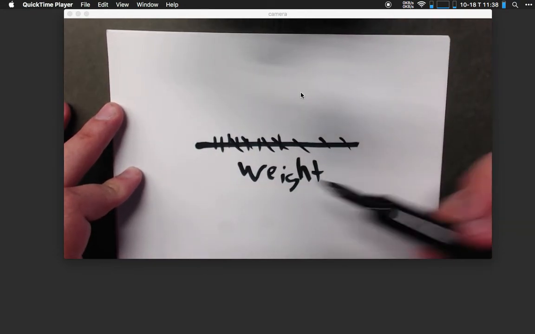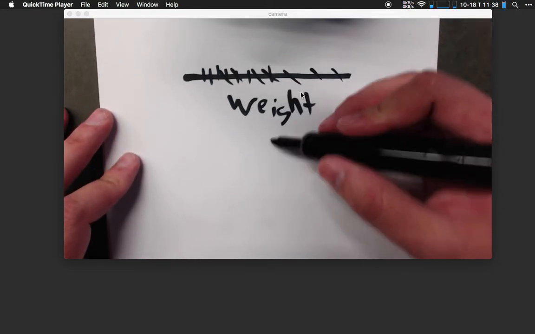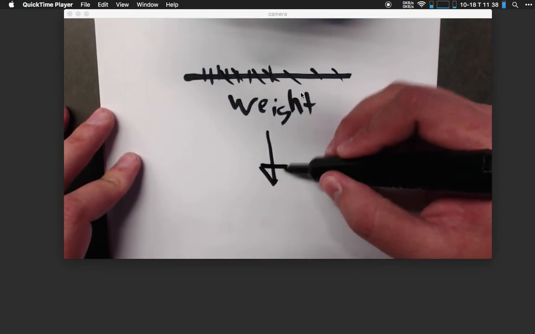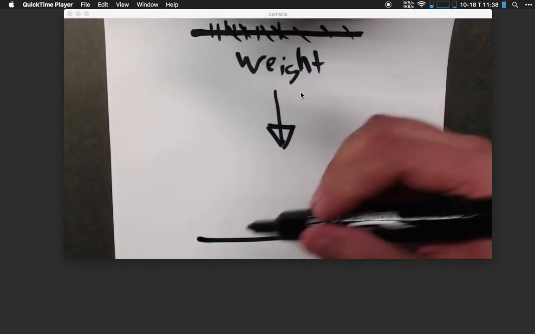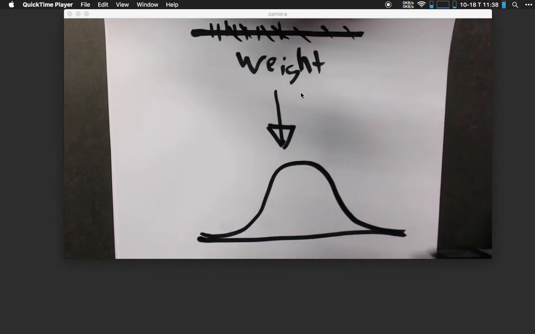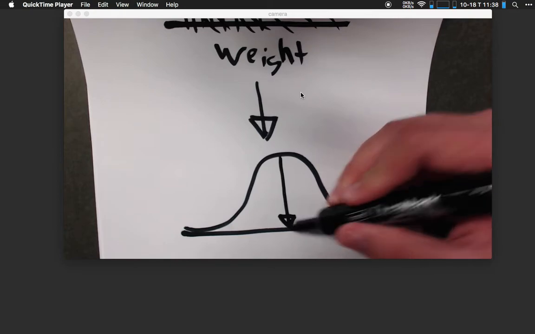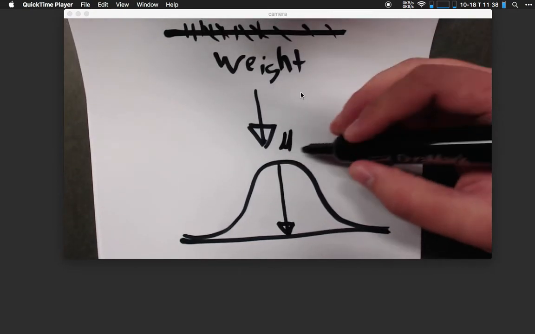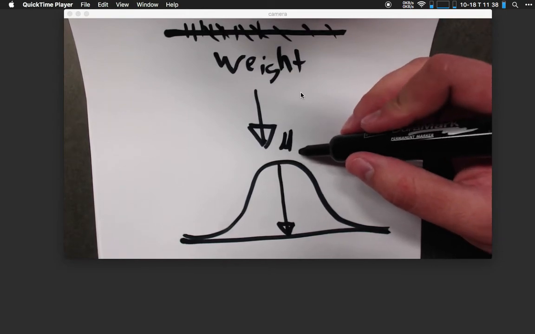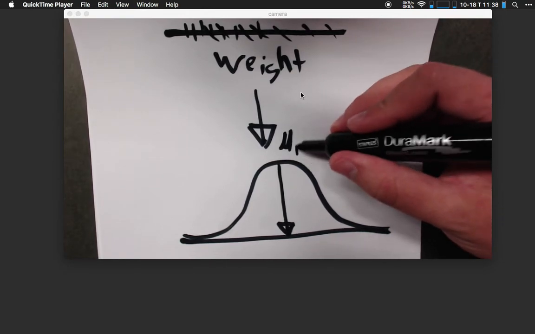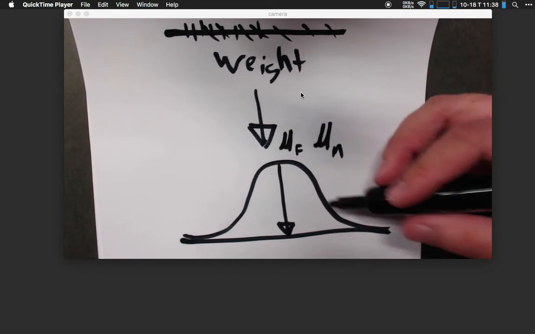So you have two groups of data, and the generative model for this data is that both populations are drawn from a normal distribution. I guess you could think of it as there's a mean for women and there's a mean for men.